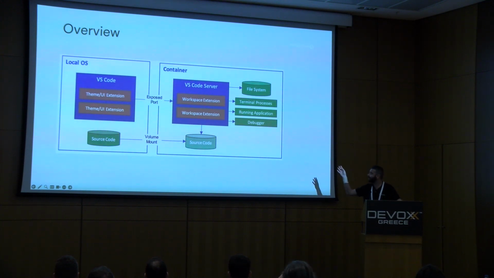It has a file system, terminal, processes, all the environment that we want, tools, and of course, IDE-specific things like workspace extensions, maybe a theme or a tool that we can use in VS Code that exists in a Docker container. That's a very big picture of how it works. And the IDE, VS Code or IntelliJ, connects to that Docker container.